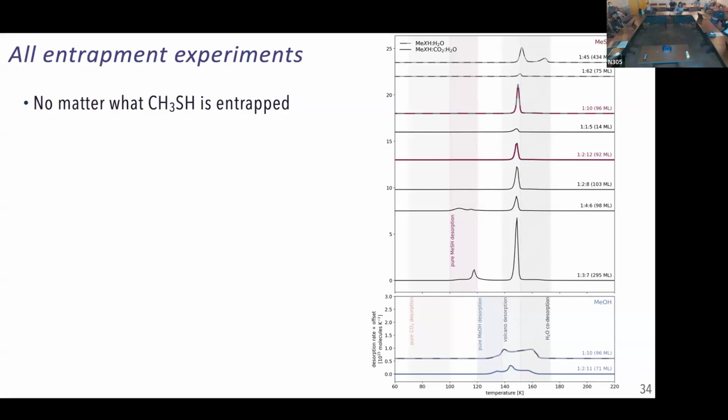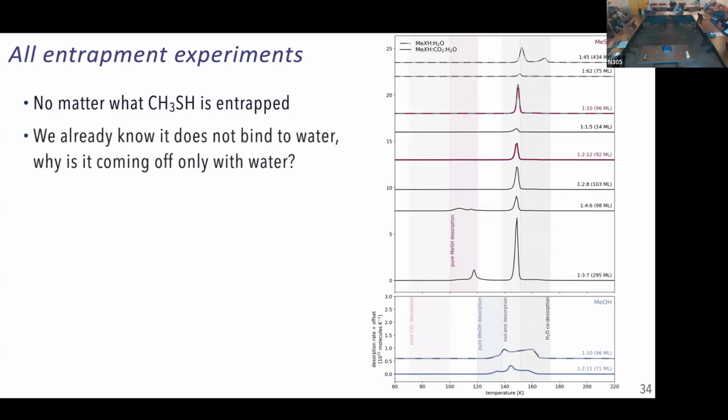No matter what, methyl mercaptan is entrapped. And the reason this is surprising is that I already showed you earlier that it does not bind to water. Why is it only coming off at this peak? What's curious is that it doesn't bind well to water: we saw the binding energy, and it's coming off at its regular desorption temperature in both pure and layered cases.